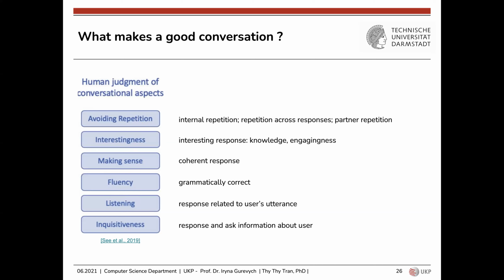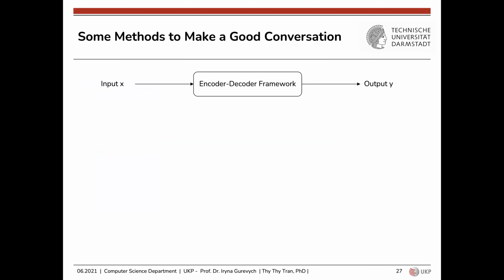In the next few slides, I will introduce some methods to make a conversation better. So let's go back to the encoder-decoder framework. This is a general framework for text generation tasks. To consider different attributes that make a good conversation, we can modify either the neural architecture or the training setting.